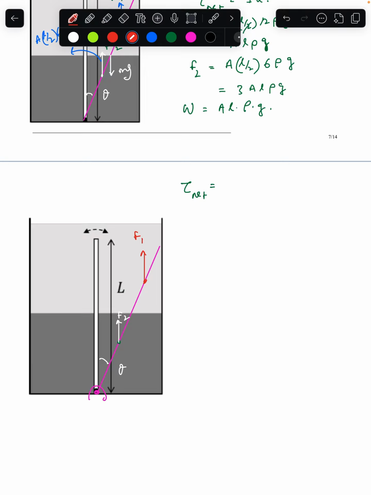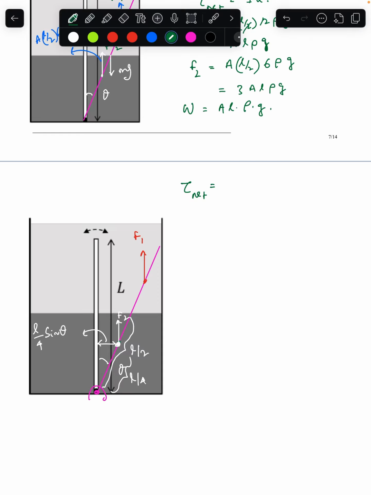So this distance inside, please do this calculation carefully, do not do it in a hurry. This is L by 2, and the point through which the buoyant force acts is half of that, so this distance will become L by 4. So if this is L by 4, this perpendicular distance will become L by 4 sine theta.